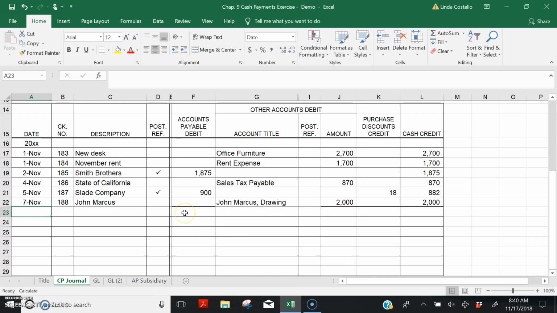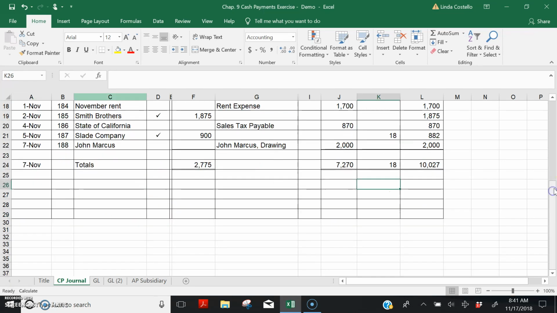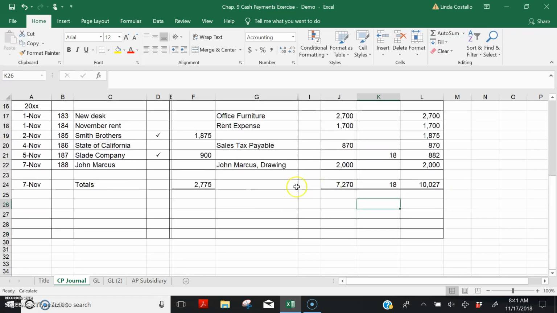Once all the payments are recorded for the week, we then need to total up all of the columns. The date is the last day of the week. Put the word totals in the description column, then total up the four columns.